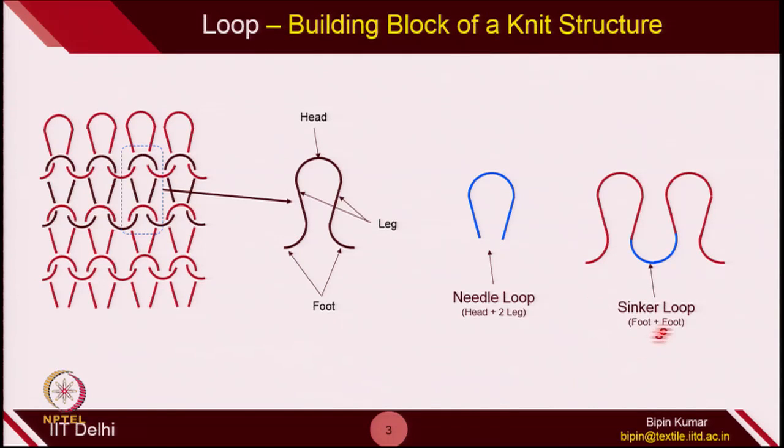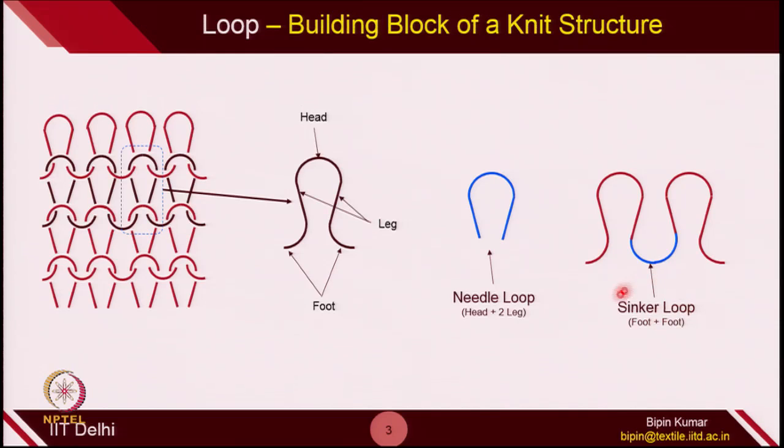Again, the name sinker has come from one of the machine elements which predominantly helps to create this part in the knitted structure. So needle loop and sinker loop are 2 of the major elements which help to create different parts of the loop. We are going to study the needle and sinker components later in this course, but for the time being it will be easy if you try to understand their importance.